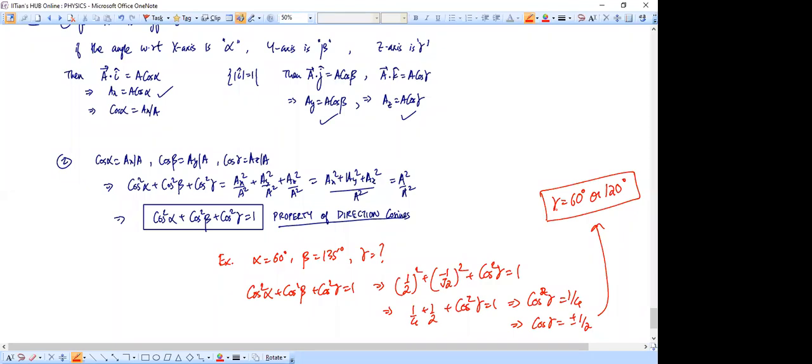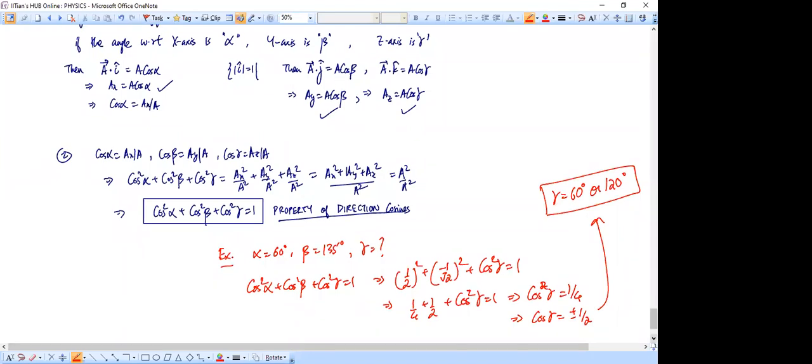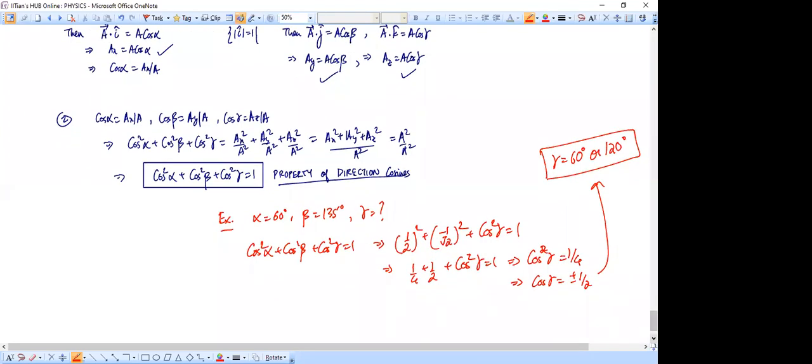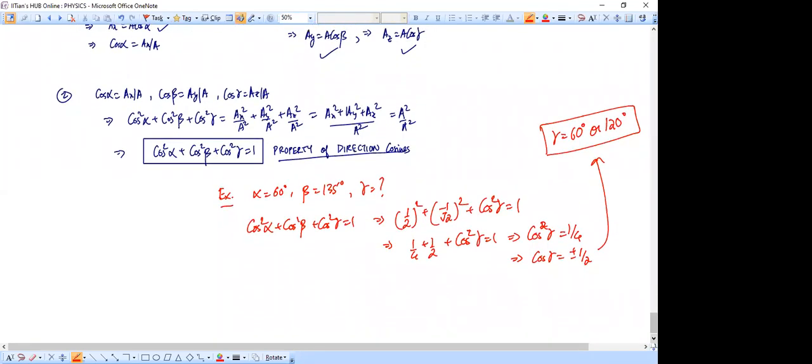Yes, we can take any of them. The answer to this question is that if alpha and beta are these, then gamma has two possible values, but cannot be any other value. It's part of this property.